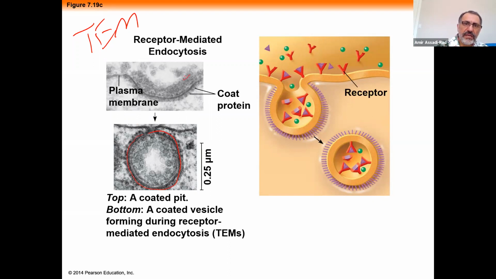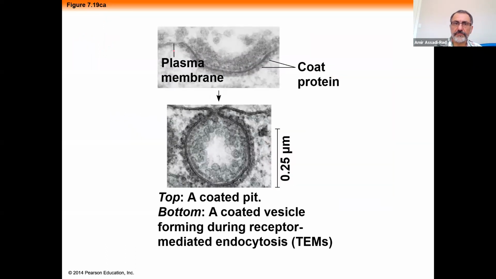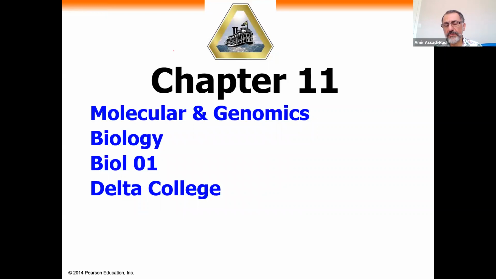These are all ligands in here somewhere, protein coats inside of it, and so on and so forth. That's what this diagram is showing you. So, okay, I'm all done with chapter 7, and I hope you guys enjoyed it. I'm going to stop and then go over chapter 11 later on as we come back.